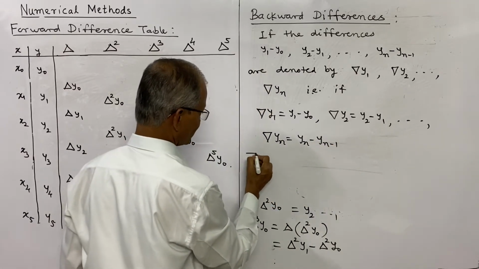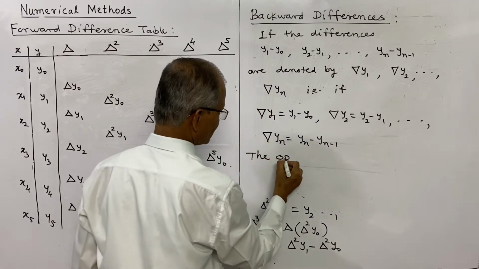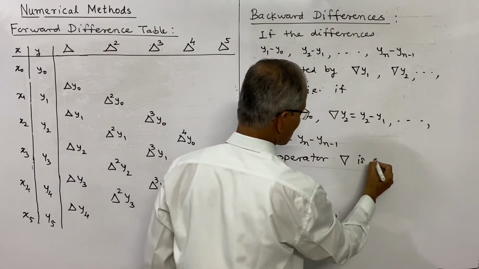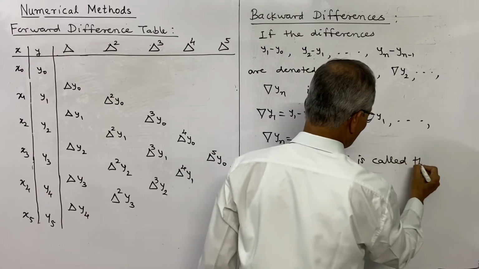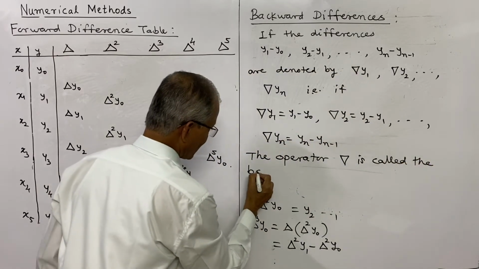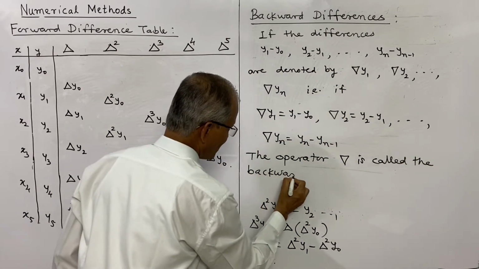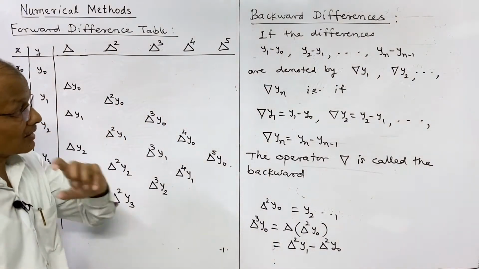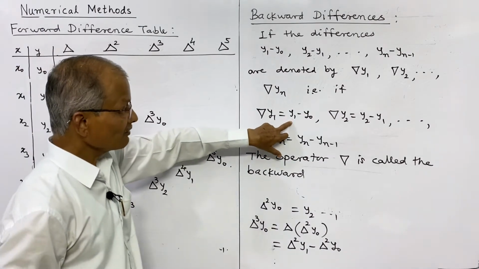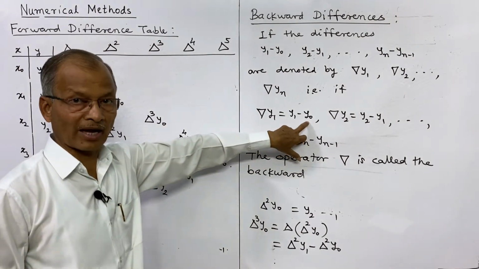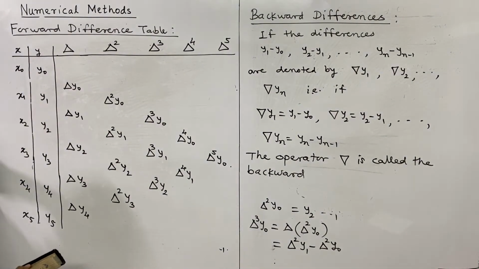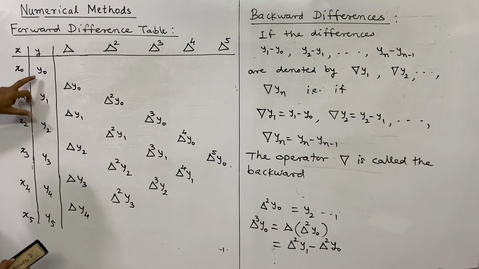Then the operator del is called the backward difference. Why is this called backward difference? Because the difference is taken as the existing value minus the earlier, the back value, that is y0. So this is y1 minus y0, and for delta y0 the forward value y1 is taken first, y1 minus y0.